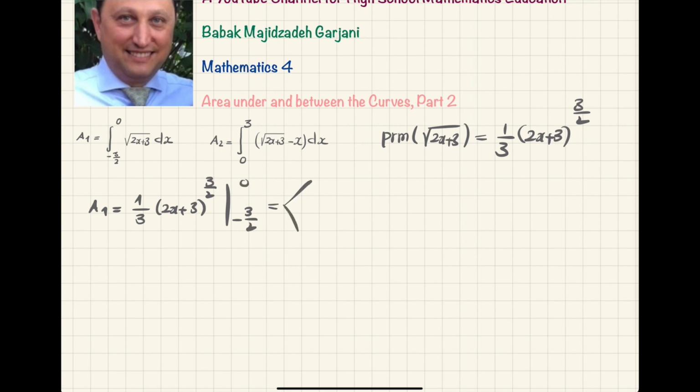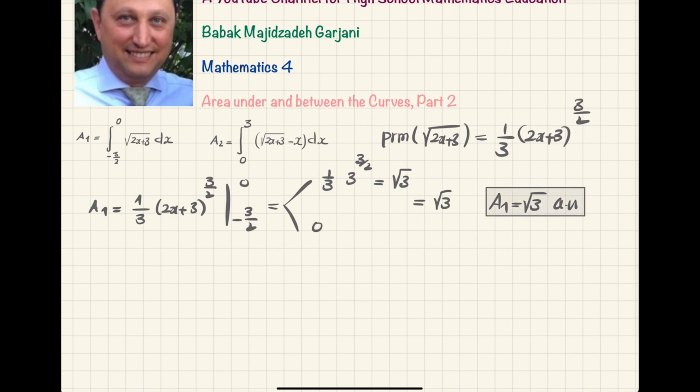If I put 0, it becomes 1/3 times 3 to the power 3 over 2. If I put minus 3 over 2 here, this becomes 0. So the lower one is just 0. And then here, this becomes the square root of 3. So A1 is the square root of 3 area units.